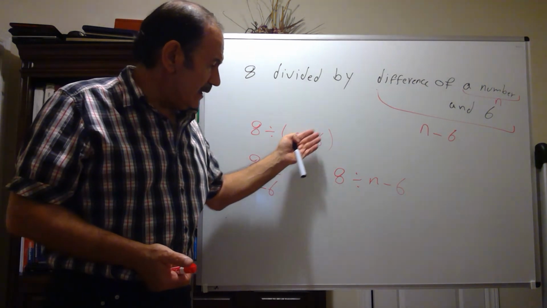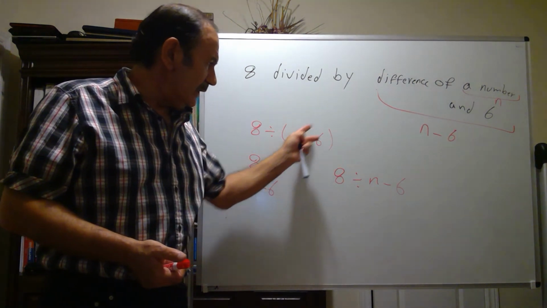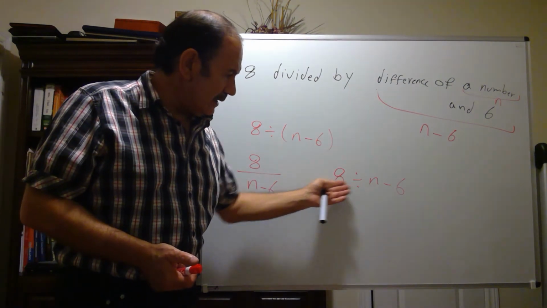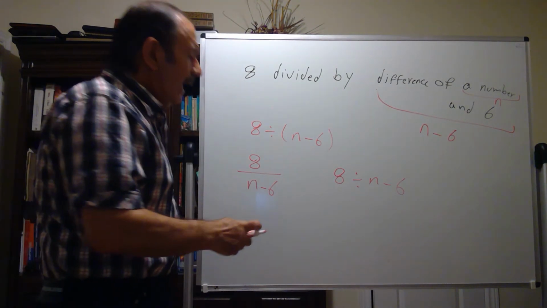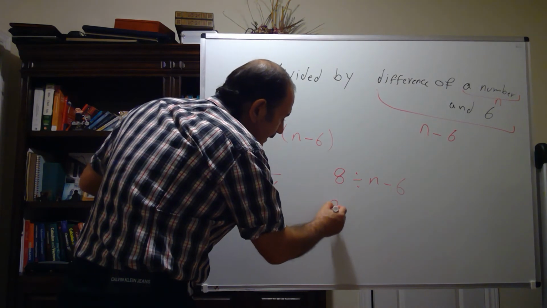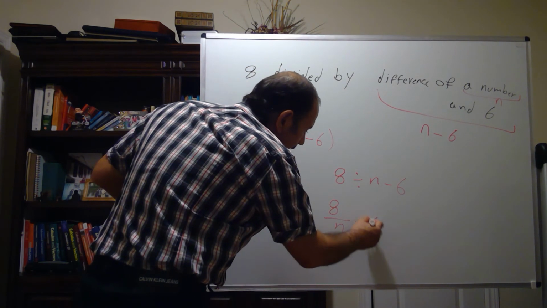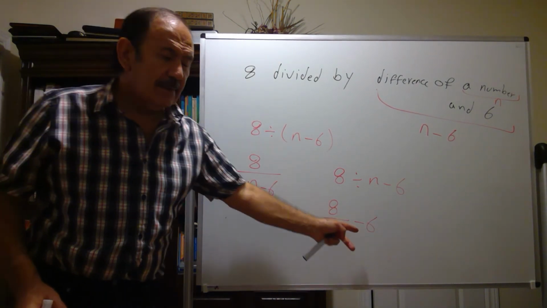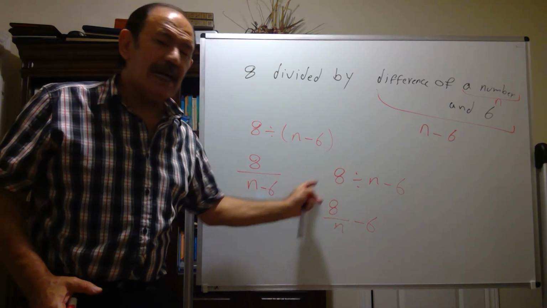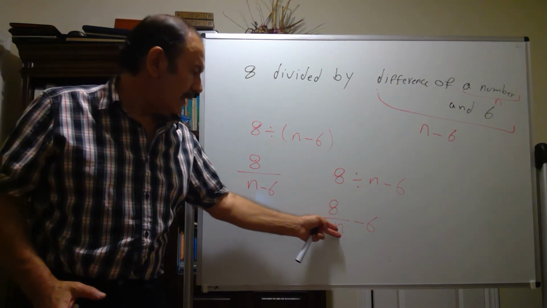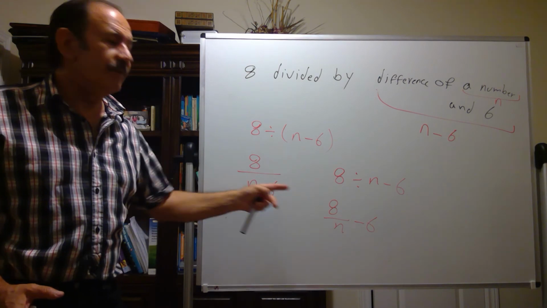If I don't put n minus 6 inside the bracket, then it means 8 divided by n, and then 6 should be subtracted from the result. Can you see these two are completely different?